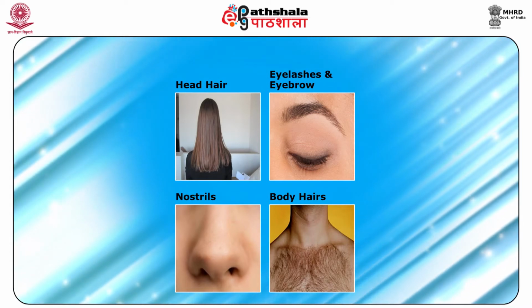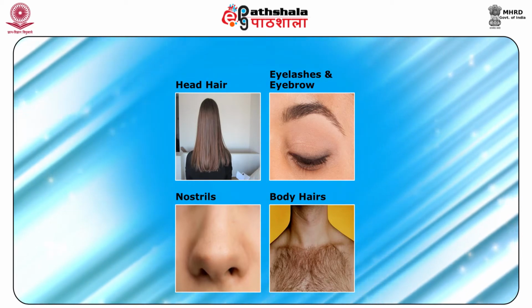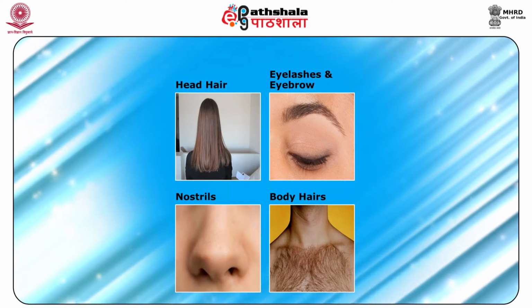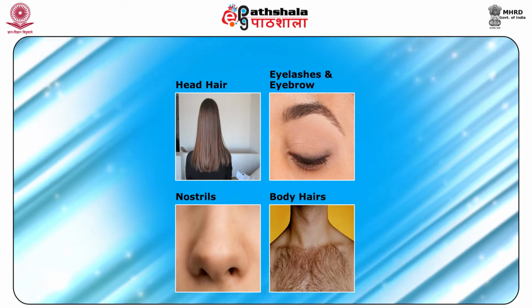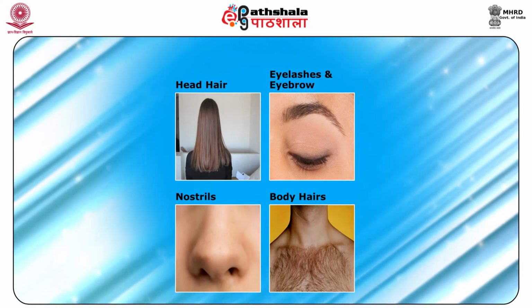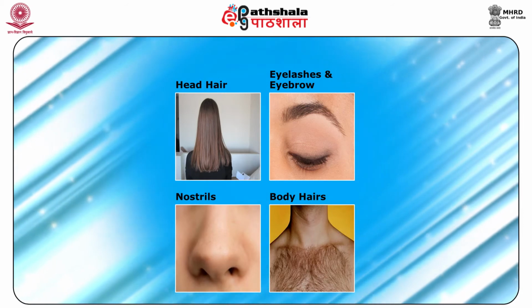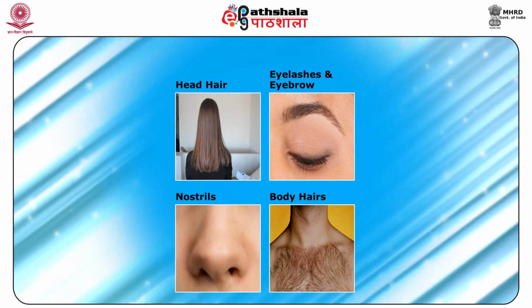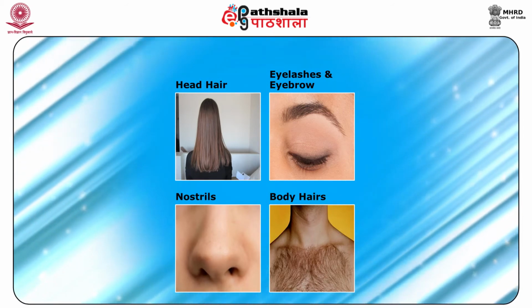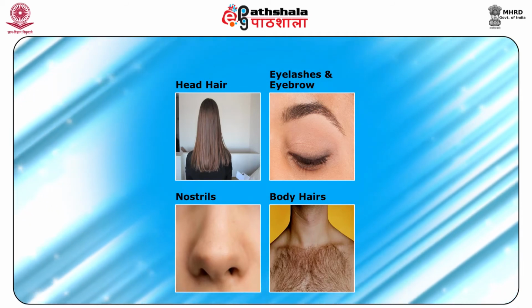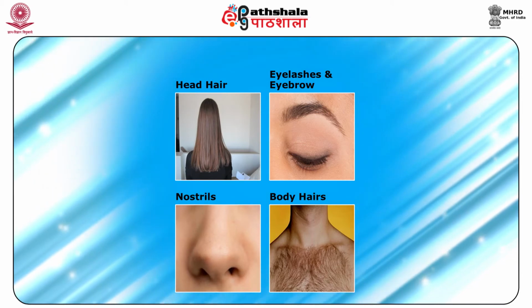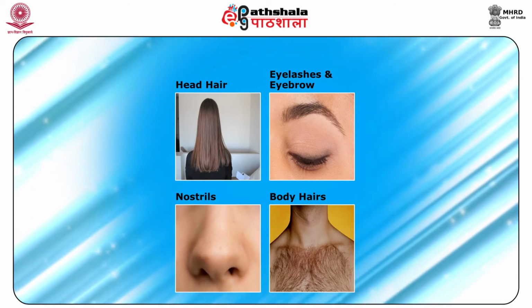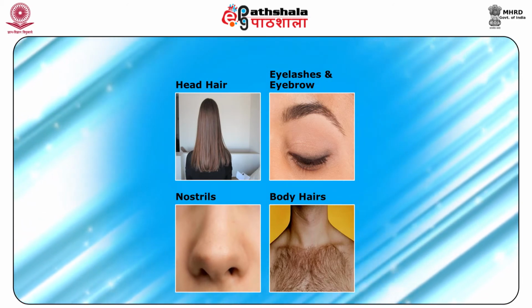Head hair protects the scalp against the burning sun and holds in body heat. Eyelashes and eyebrow hair help keep foreign matter out of the eyes, and hair in the nostrils and ear canal helps catch dust, debris, and even insects from entering the body.